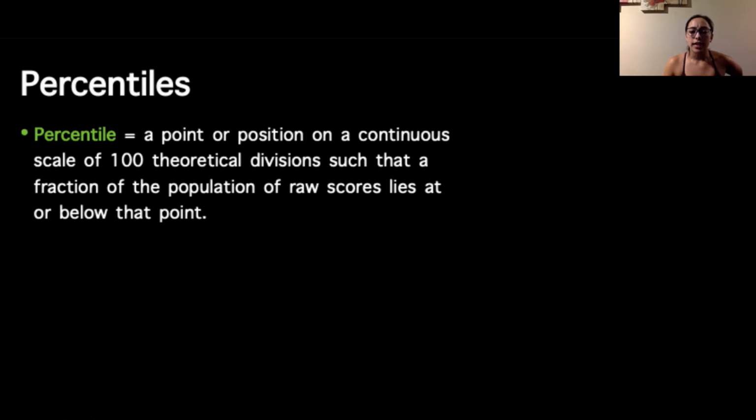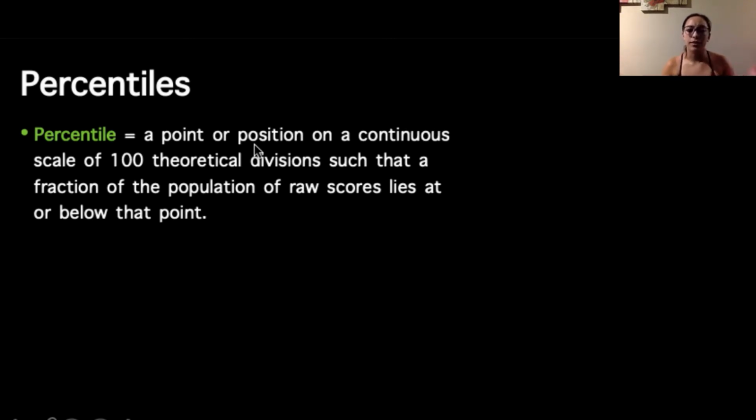So, just to recap on what percentiles are, the book definition is a point or position on a continuous scale of 100 theoretical divisions such that a fraction of the population of a raw score lies at or below that point. So the point or position is our raw score of interest.